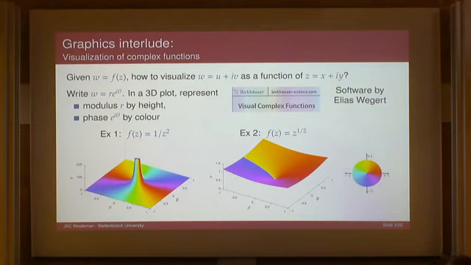So if you have a pole here, of course, the modulus blows up at the origin, and you can even see the multiplicity of the pole because the colors go around twice, the phase runs twice. If this were a zero, for example, the colors would simply run the other way, and so on. And here we see the typical jump in phase along the branch cut of something like the square root function.